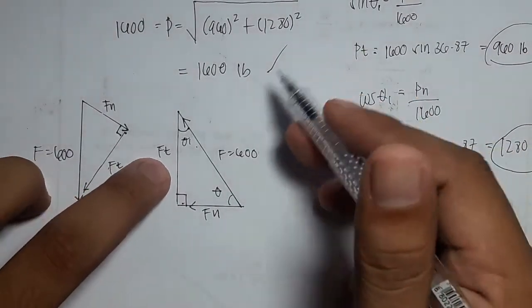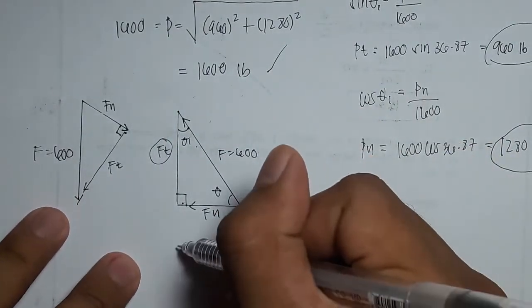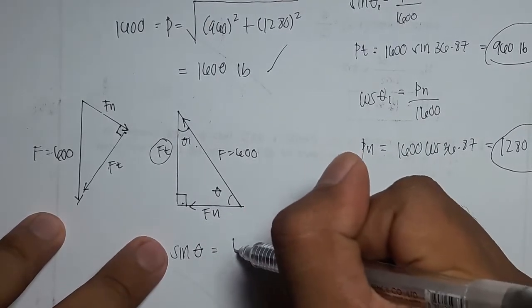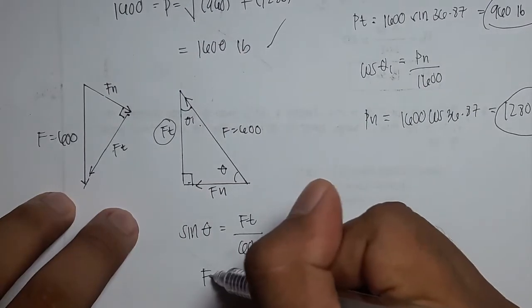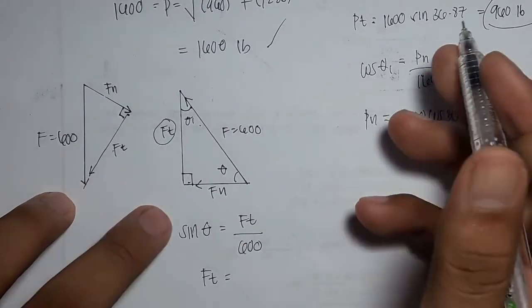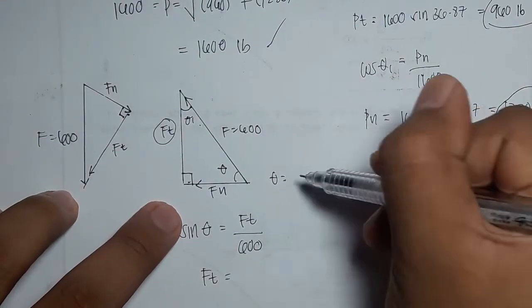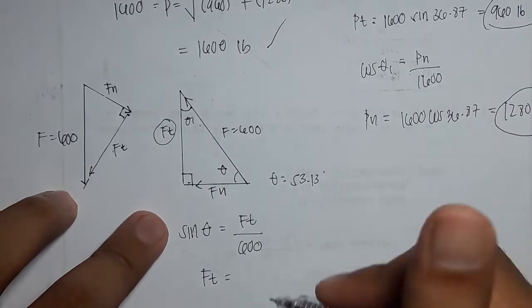So looking for FT, we would like to use the sine function. So sine theta would be equal to FT over 600. So FT would be equal to 600 sine of our theta here, which is equal to the first theta, of course, 53.13 degrees.